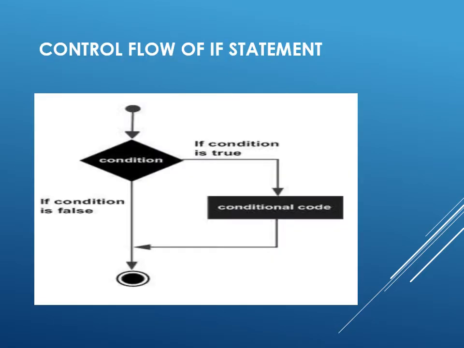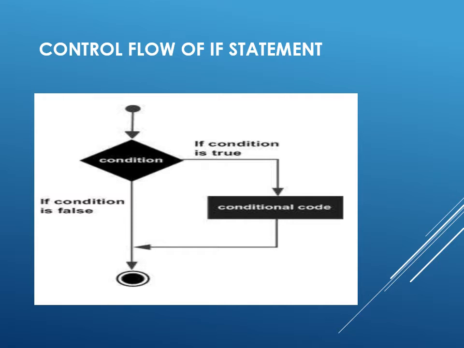This is the control flow diagram of the if statement. First of all, our program will start. It will check the condition. Number one, if the condition is true, then the control will go and the conditional code will be executed, meaning the statements written in the if statement will be executed.